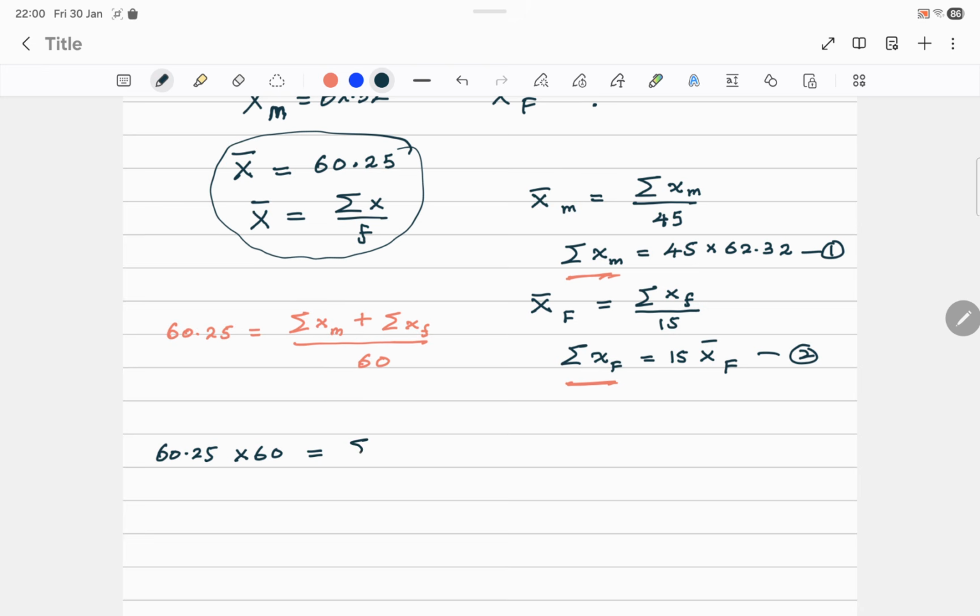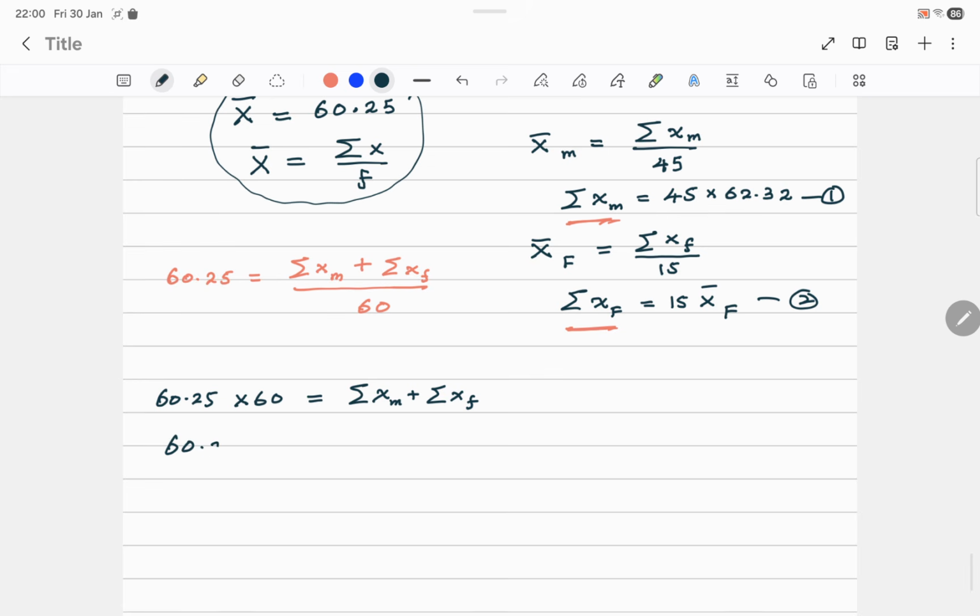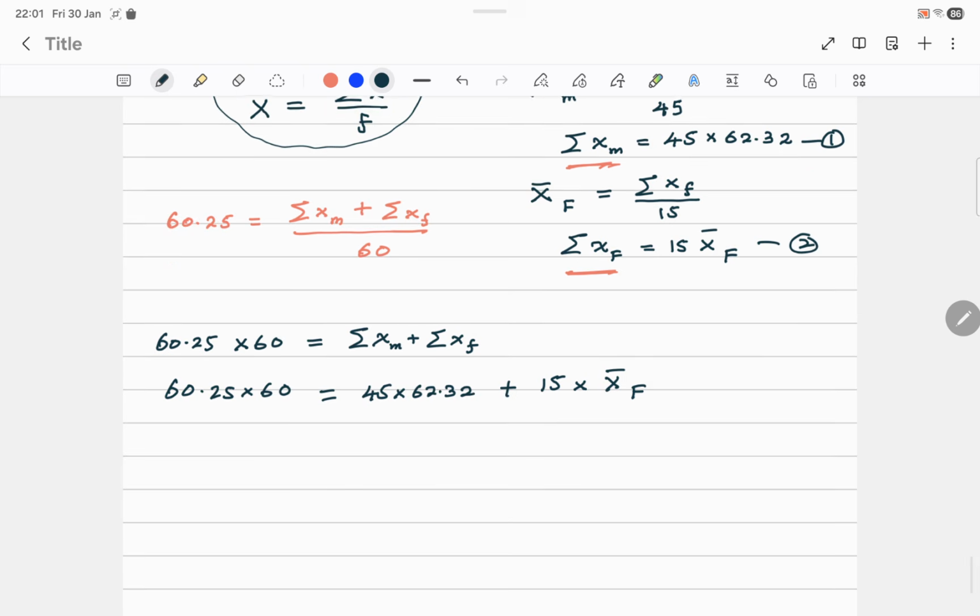So 60.25 into 60 equals total male mass, 45 times 62.32, plus total female mass, 15 into X bar f, which is what we want to find.